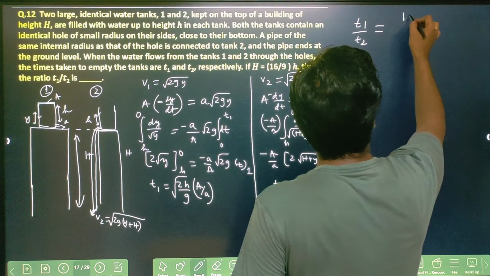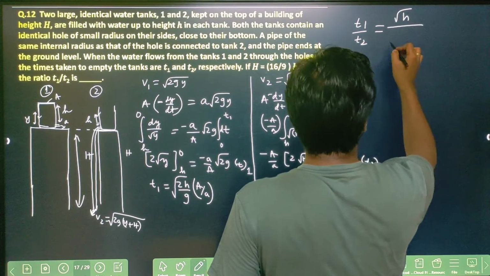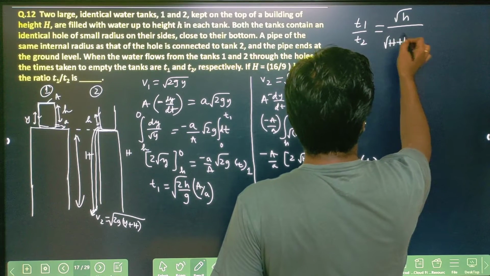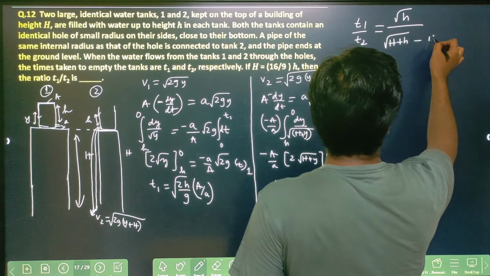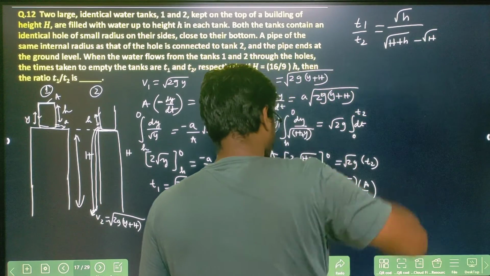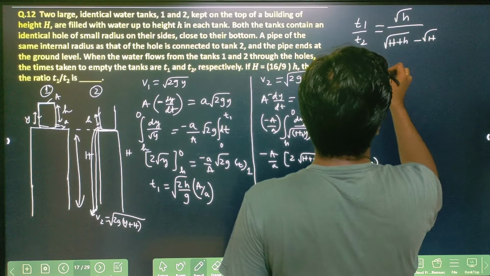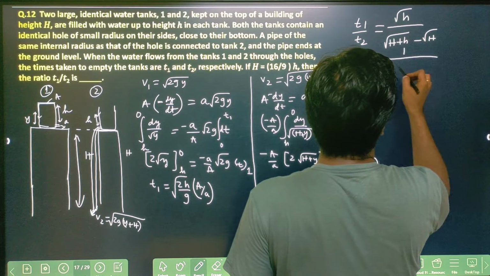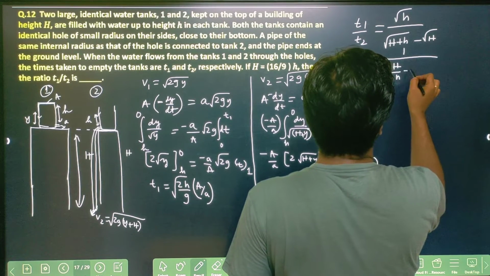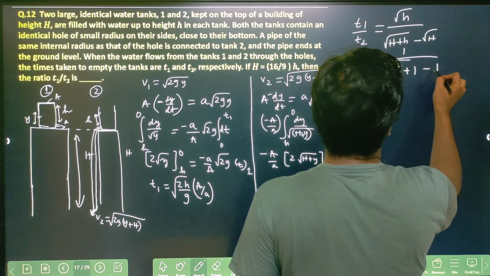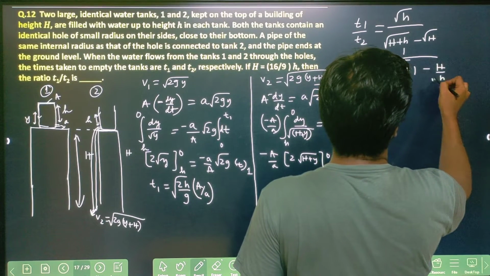So this will be only h root over divided by h plus h root over minus h root over. This will come, right? So you can take this h to the denominator. So this will be 1 divided by h by h plus 1 root over minus h by h root over.